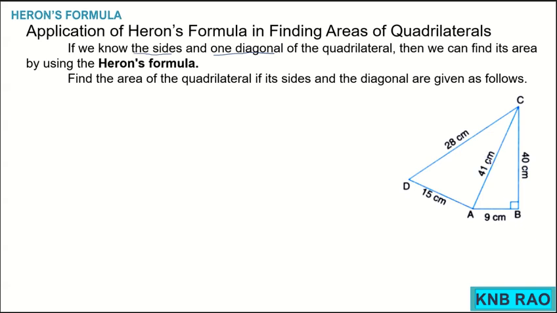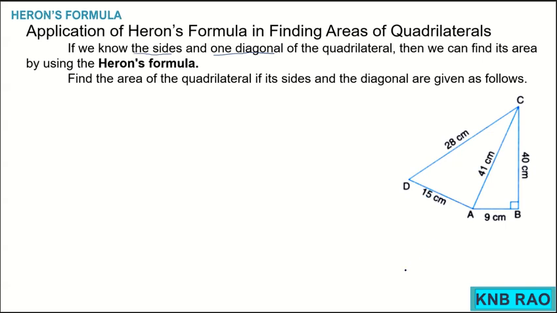Suppose this hypotenuse would not have been given, then also what I can do? I will use Pythagoras theorem to find the hypotenuse length. From that I can find the area of triangle ACD. Triangle ACD is a scalene triangle with the sides 15 centimeter, 41 centimeter and 28 centimeters.